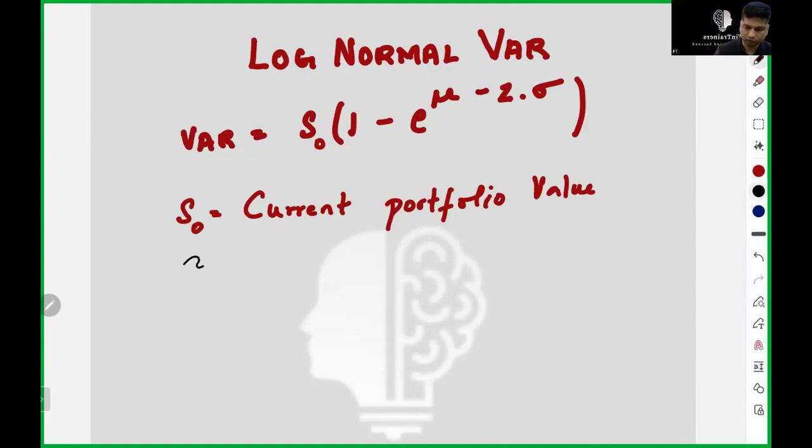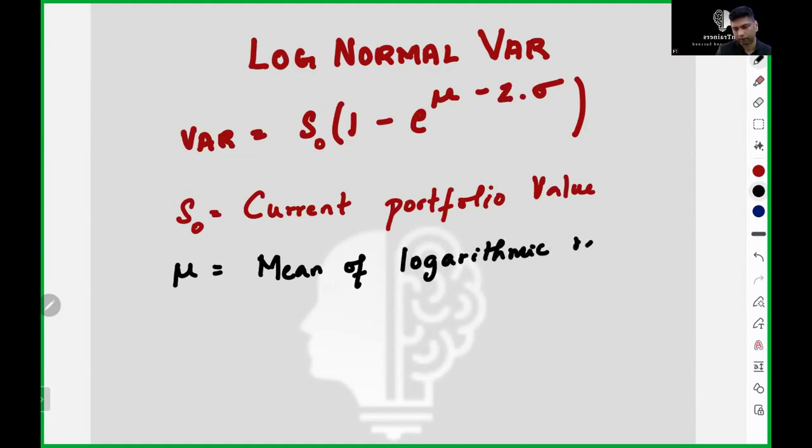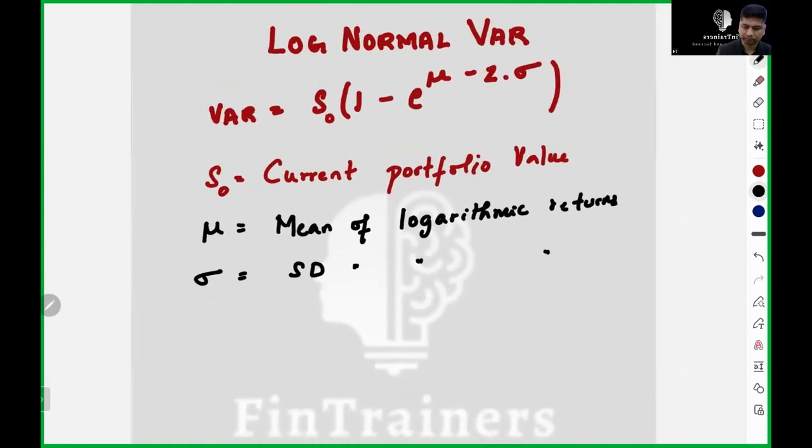And your mu is the mean of those logarithmic returns. Your sigma is the standard deviation of those returns. And Z is the z-score corresponding to that confidence level C.